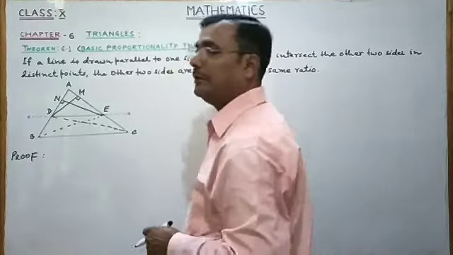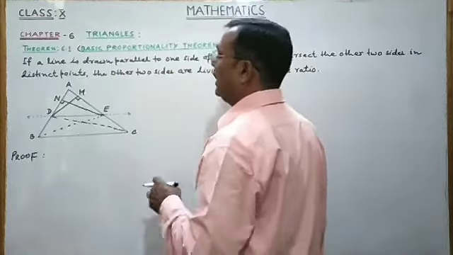Area of triangle formula is half into base into height.